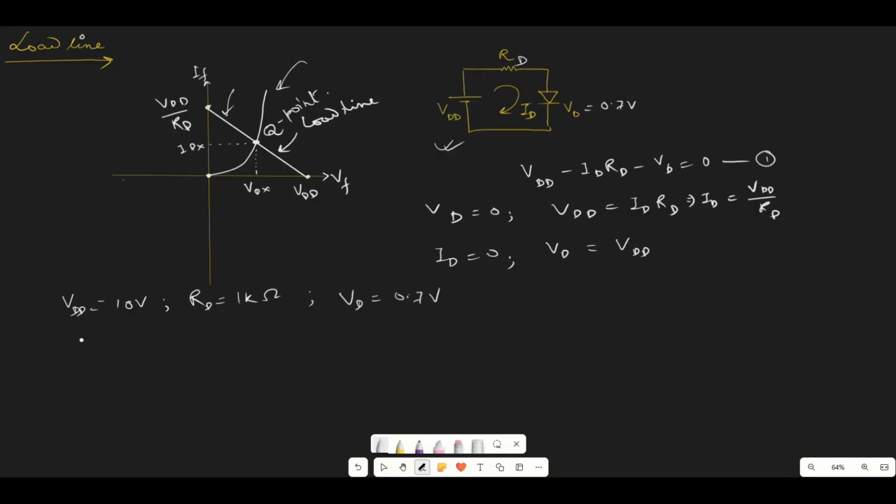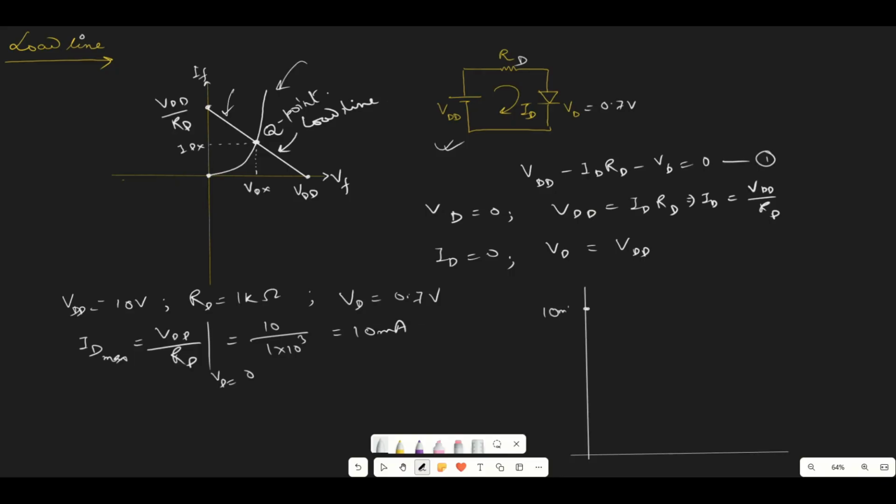So to determine the load line, ID max is given as VDD by RD at VD equals 0, which will be 10 volt divided by resistance 1 kilo ohm. This will be 10 milliampere. If we plot, let us consider a scale which will be giving us 10 milliampere here.